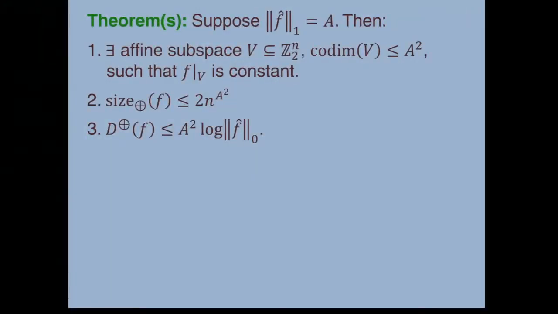Next, we also have bounds on the depth of the decision tree, which is like a squared times log of the sparsity. Remember that the sparsity is the number of non-zero Fourier coefficients.